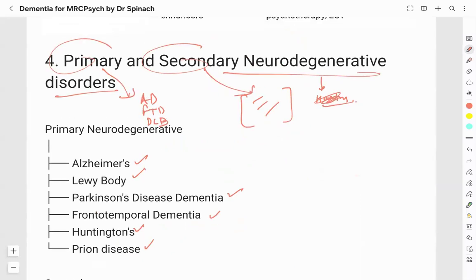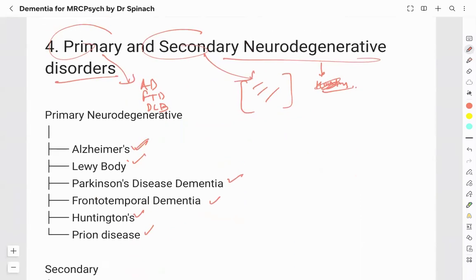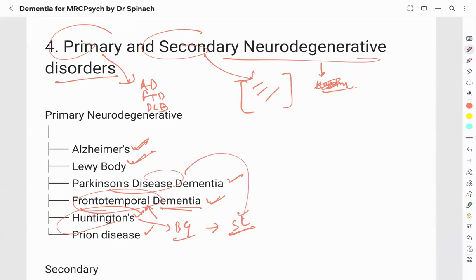Lewy body is cortical, and even frontotemporal, because it involves the frontal and temporal lobes, is cortical. If we go down, Huntington's involves the basal ganglia, so it would be subcortical. And Parkinson's also involves the basal ganglia, so it would be subcortical.